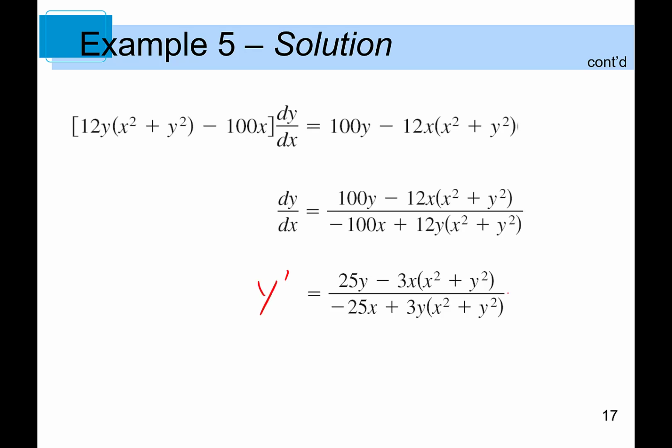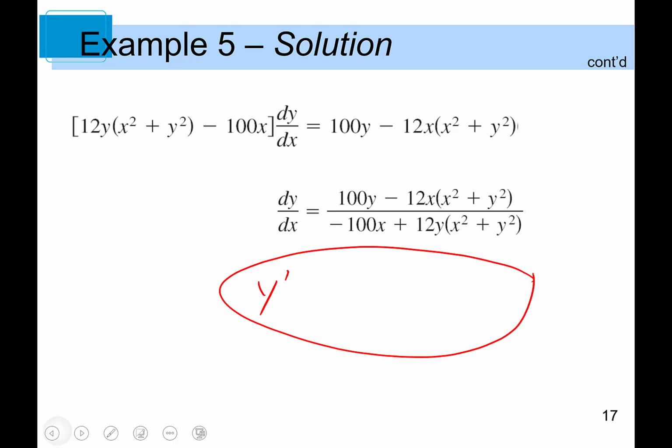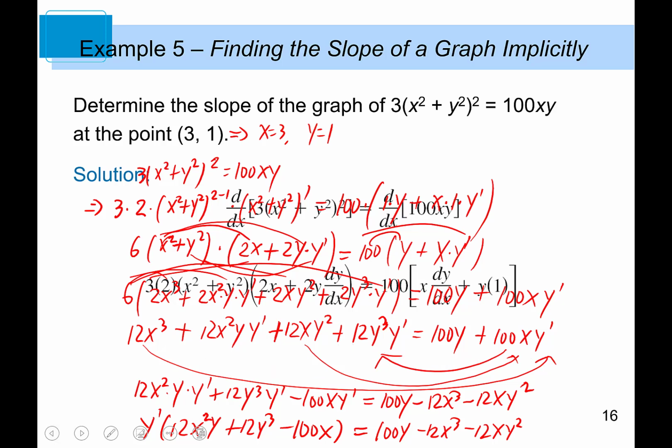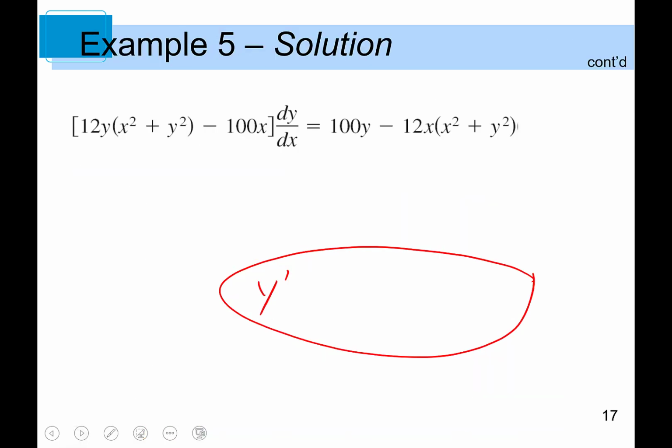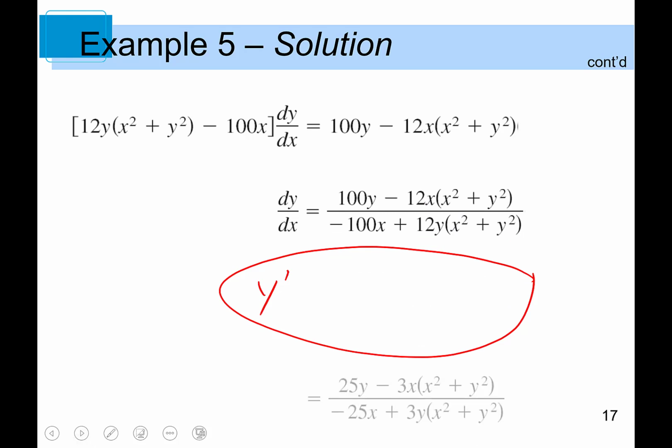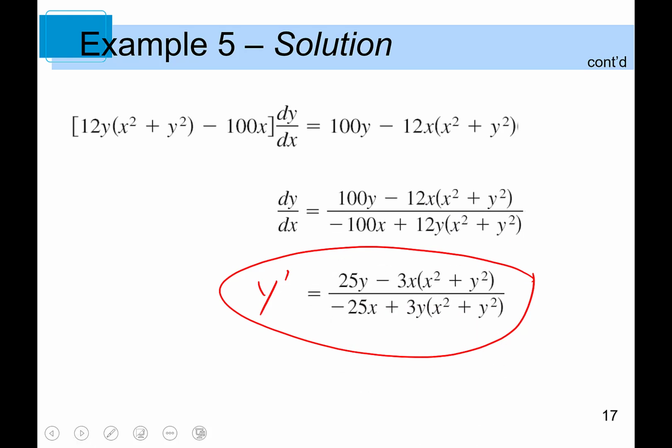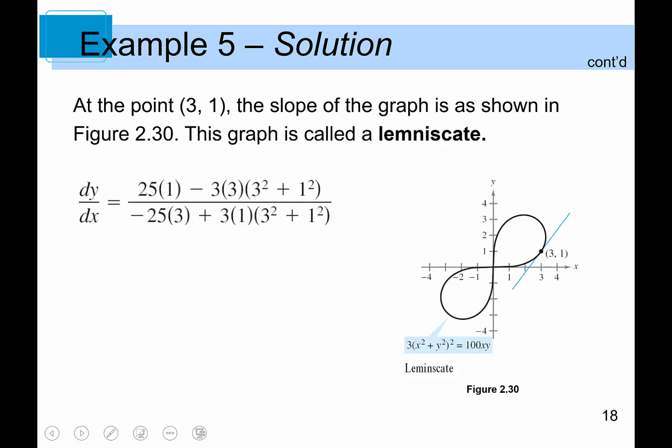y prime becomes this. We reduce everything by 4, right? And that's your derivative. Then the very last step, you just replace x equals 3, y equals 1 into the derivative.